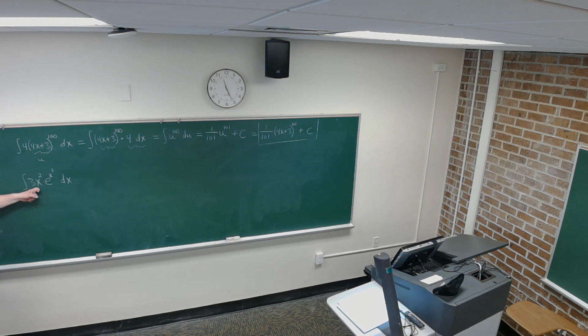So it's 3x squared times e to the x cubed power, right? x cubed is an exponent on the number e. Now, whatever you set u to, you've got to ask yourself, what's the derivative of u with respect to x? And is that derivative inside the integrand?